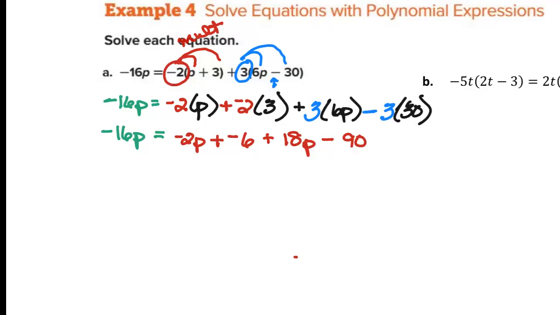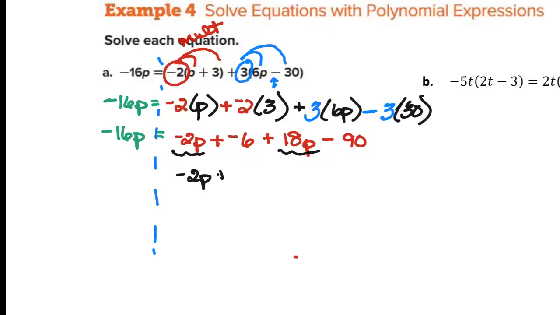All right. So now I still want to simplify by looking for like terms on the same side of that equation. So as I look to the right-hand side, do you see any like terms there? Yeah, right here, negative 2p and 18p. So I'm going to combine those. I'm going to write them out.